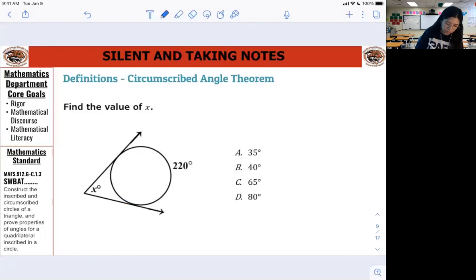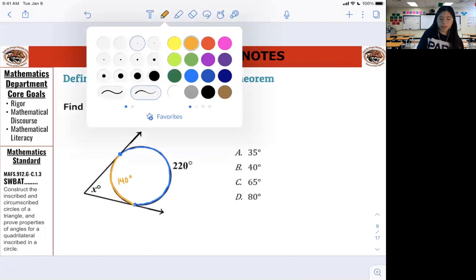Janelle agrees. Okay, so let's take a look. From here to here, it's 220. So, okay, that's 220. What does that mean about the other part of the circle? How much is that? That would be 140. And what do we know between x and 140?